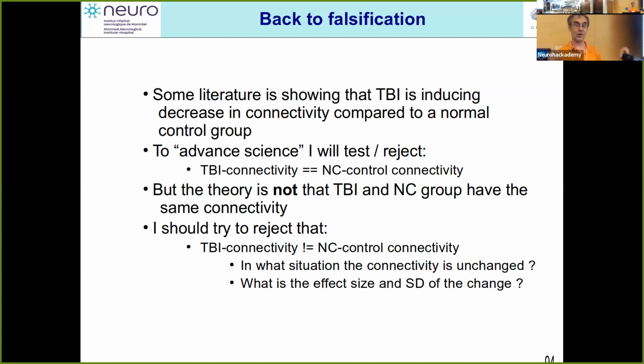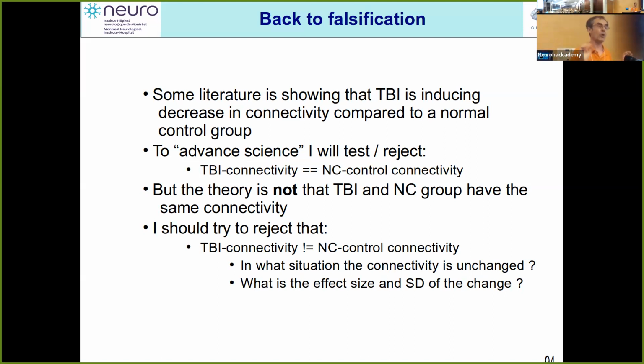The theory is that TBI is influencing the connectivity differently than in the control group. So I should try to reject the opposite: is TBI connectivity different from the normal control group? That's the thing I should try to reject.